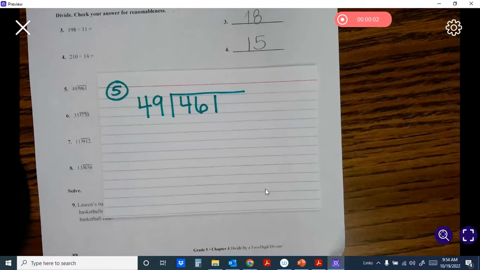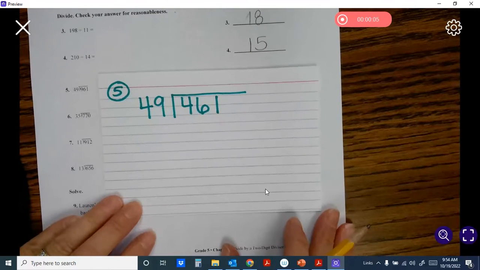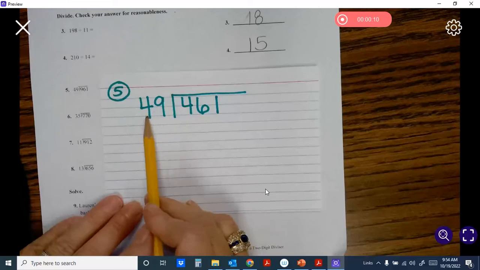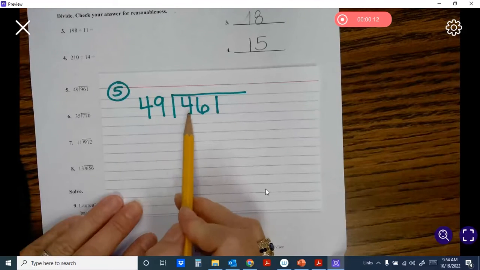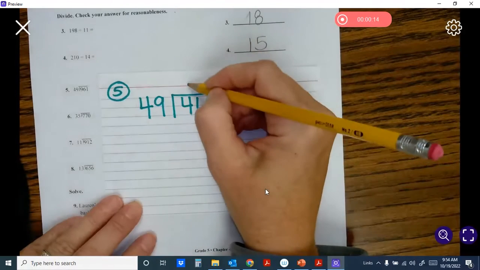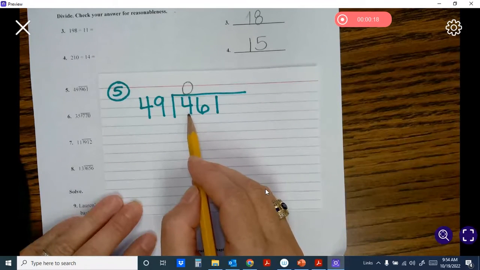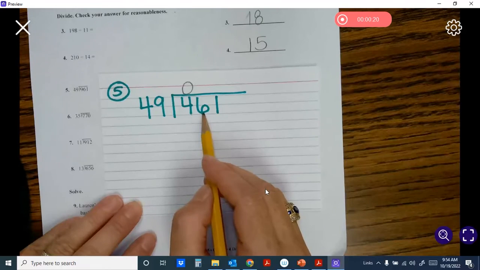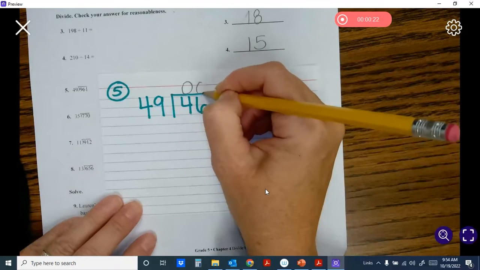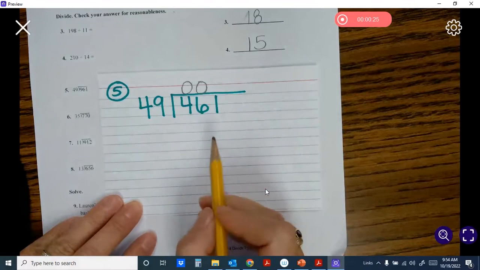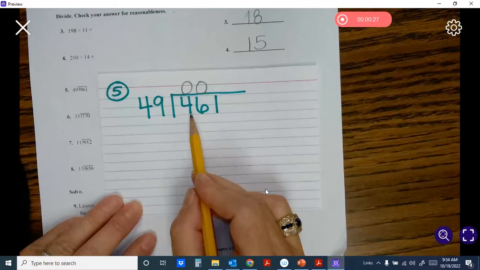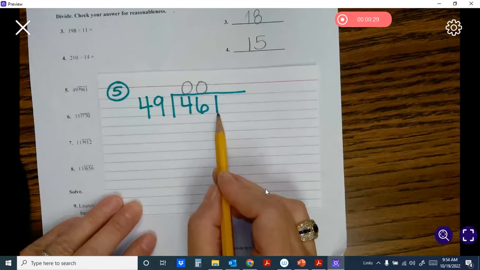Question number 5. 461 divided by 49. 49 cannot divide 4. So we're going to write a 0 in the quotient. 49 cannot divide 46. So we write a 0 in the quotient. 49 can divide 461.